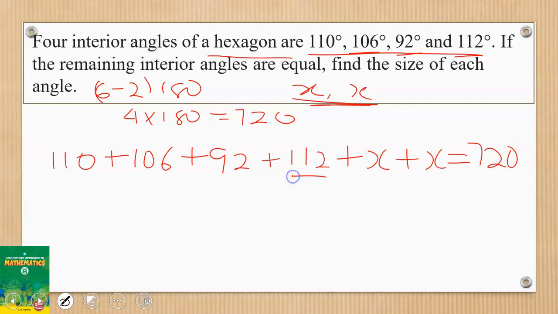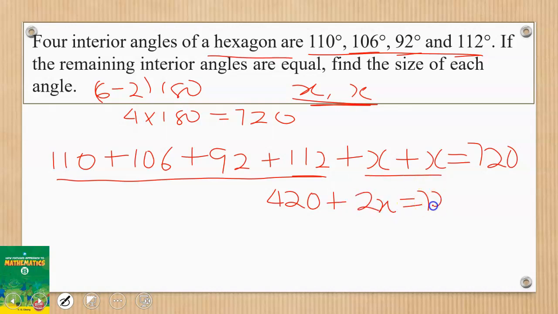If I sum all this together, I have 420 plus 2x is equal to 720. Take your time and do the addition yourself and see if you get the same answer. Now in grouping like terms, we can have 720 minus 420.